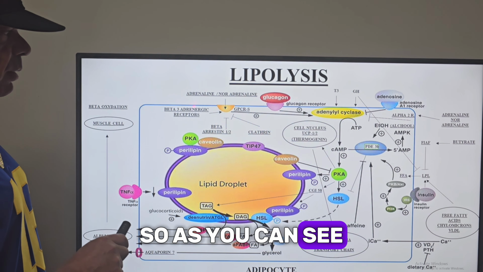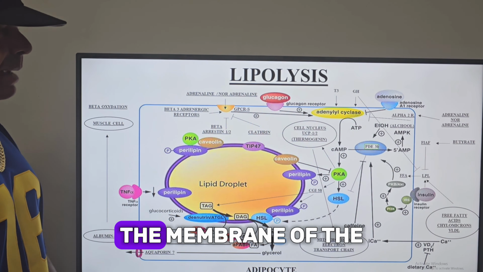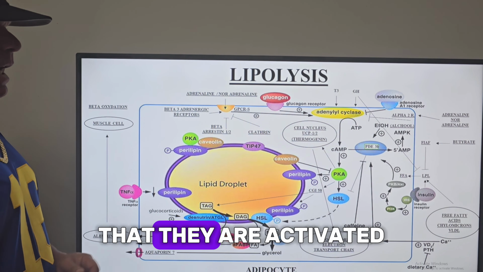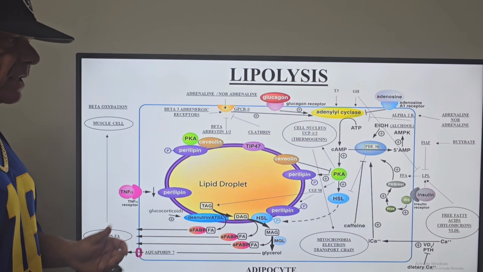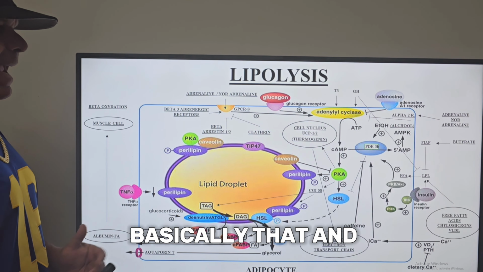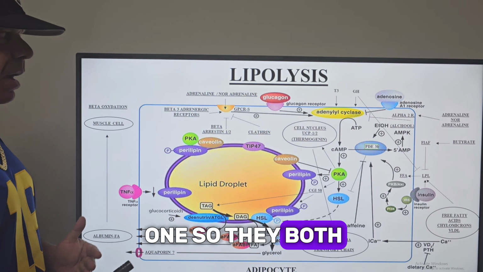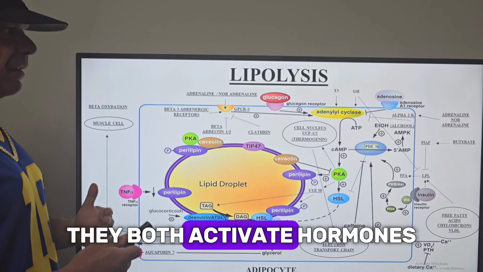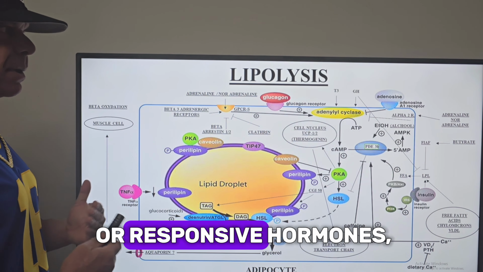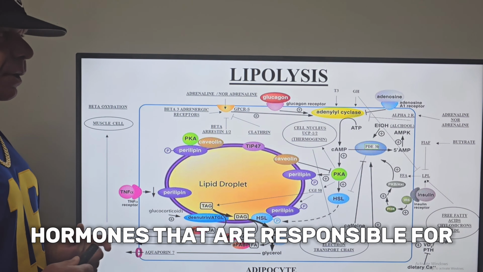As you can see, we have lots of receptors around the membrane of the fat cell that are activated by two things: physical activity and calorie deficit, basically that. They both activate hormones that are responsible for this action.